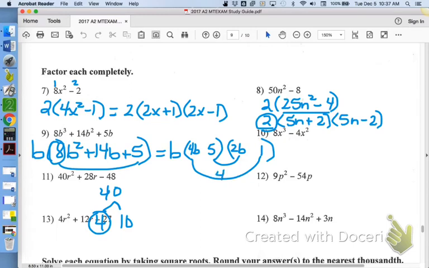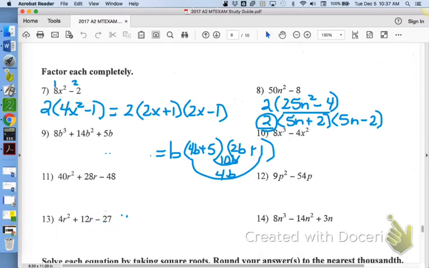It worked out. 4b, 10b, both of them positive. And so our final answer for this one is going to be, told you this was going to be messy, really messy. Final answer is b times 4b plus 5 times 2b plus 1.